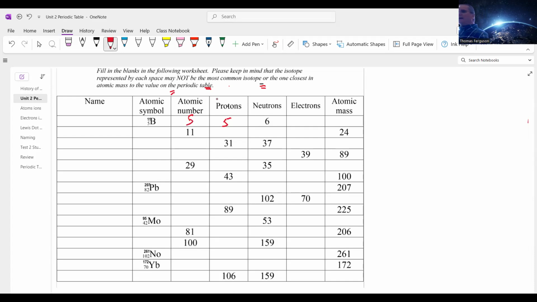Okay. Now, if these are all neutral, that means protons equals electrons. How many electrons does boron have? 5. Because these two are also equal.